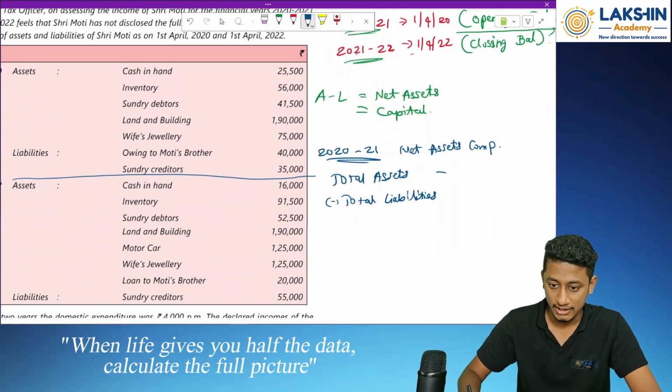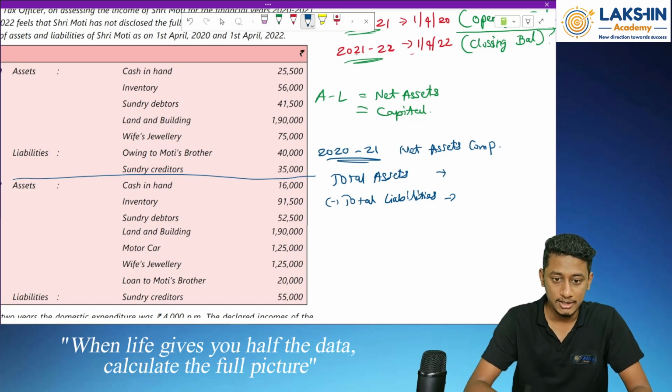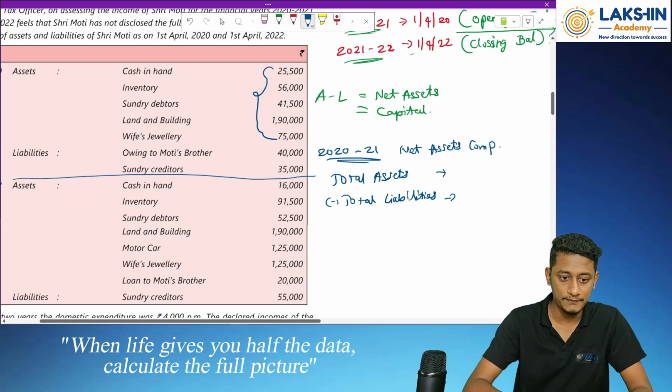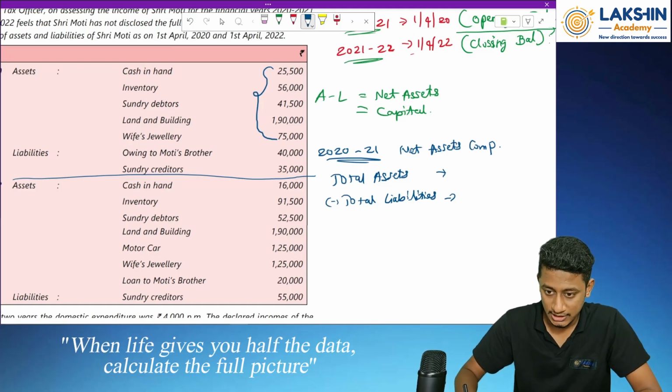So total value of assets is how much? If I add 25,500, so add all these values, till here, till jewelry. These are all the assets. So the total assets value, 500 plus 1,90,000 plus 75,000, would be how much? 3,88,000.